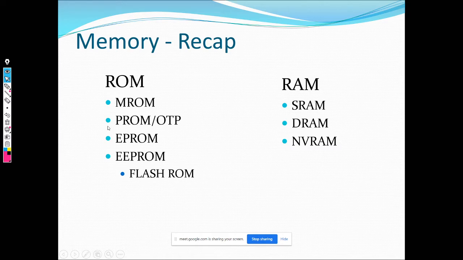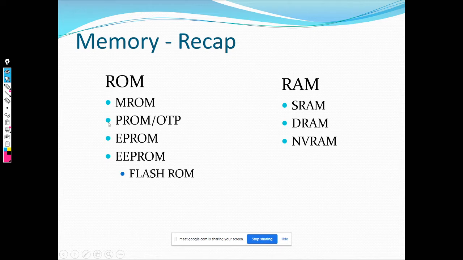The second one you have is programmable ROMs, or one-time programmable ROMs. These are a little bit different from MROMs in the sense that for every bit of data associated with this ROM, there is some kind of a fuse. For every chunk of memory, you have a set of fuses to actually write or not write.